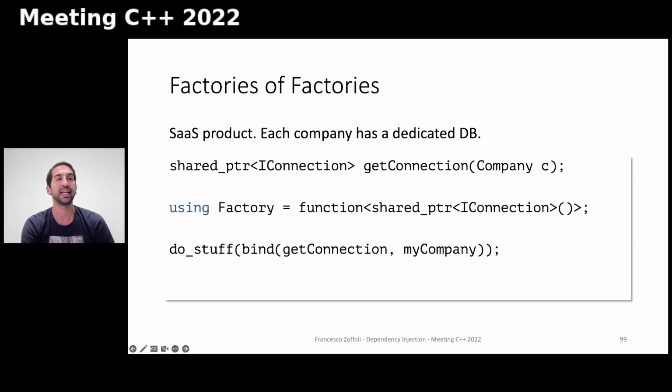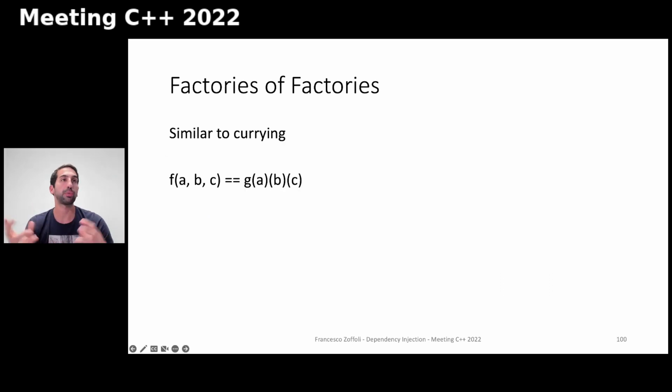So in this case, instead of passing the factory for the connection, we can just bind our factory with a specific company and get back a new factory which doesn't take the parameter and just returns the connection. This is conceptually very similar to currying, where calling a function with arguments is like a sequence of calls of the function.